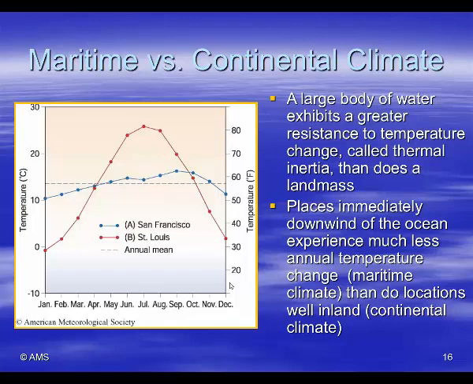So it's still cold in the winter, it goes to about 10 degrees, and in the summer it gets up to about 15 degrees C. Whereas in St. Louis, the winter is about 0 degrees C, and the summer goes up to about 25 degrees C.